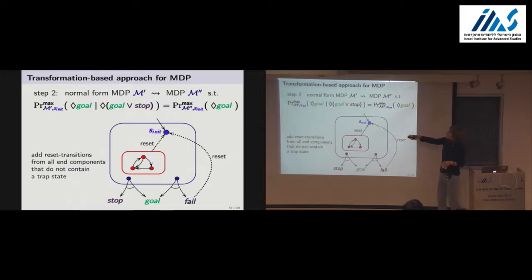Well, and the point is, we look here for the maximal probability, which means that taking these reset transitions from these end components too often makes no sense, because it does not help you to maximize these probabilities. So in the end, this construction indeed does the job, which means that you can compute this conditional probability as a standard maximal reachability probability in a slightly modified Markov chain.